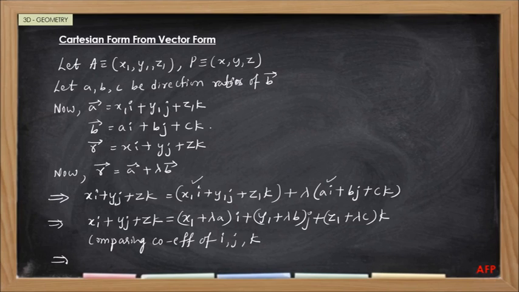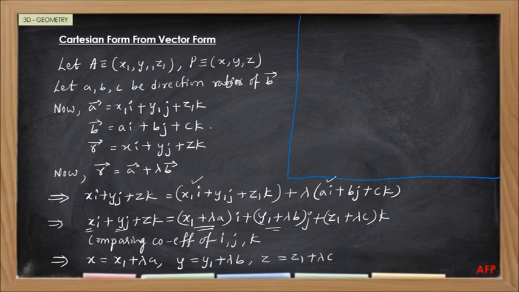This implies x must be equal to x1 plus lambda into a, y must be equal to y1 plus lambda into b, and z is equal to z1 plus lambda into c. So this is what we are having.